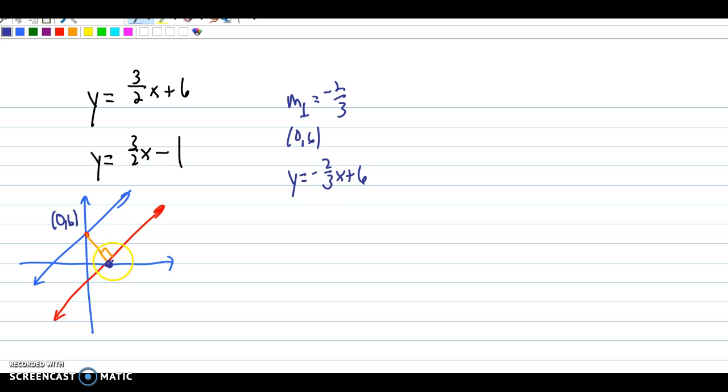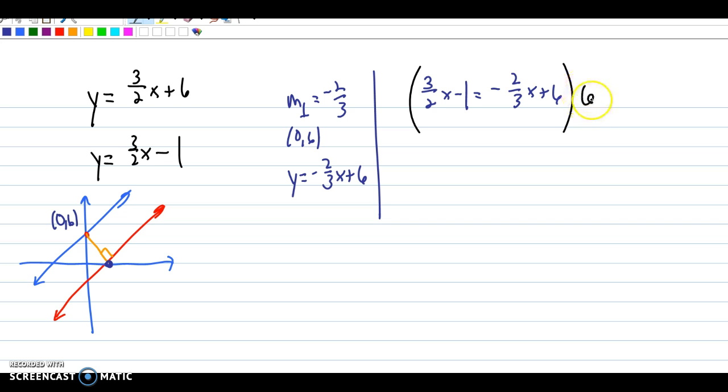So we want to know where does this orange line intersect the red line, which is the equation y equals 3/2 x minus 1. So we'll set 3/2 x minus 1 equal to -2/3 x plus 6 and look to solve that. Now, what I generally do in a problem like this is get rid of all the fractions. I don't want any denominators. The least common denominator would have been 6.